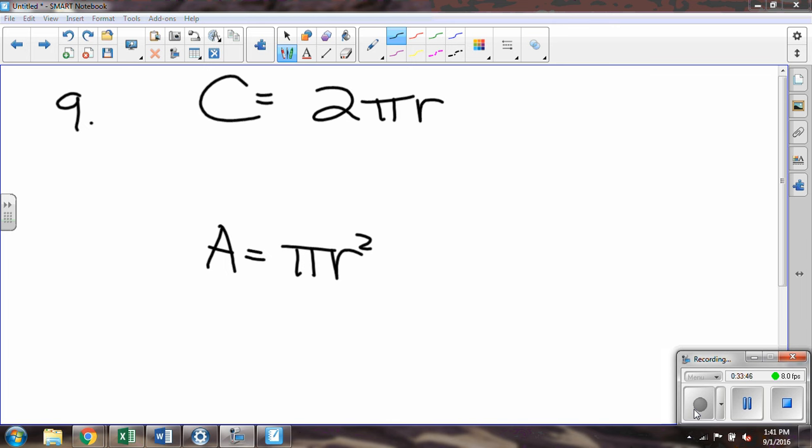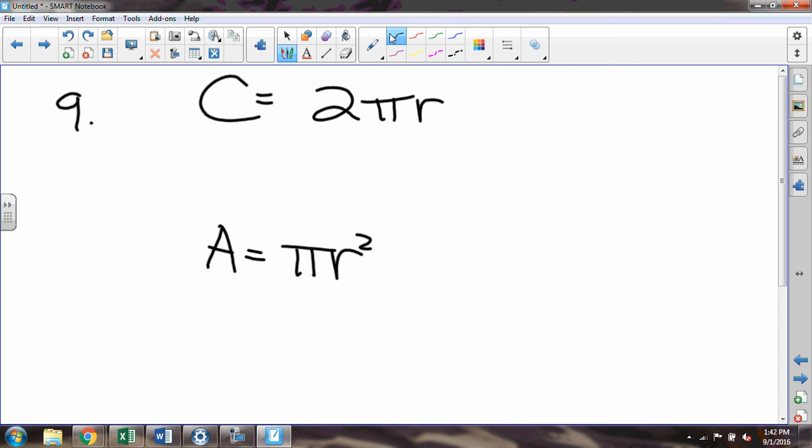I don't expect you to have every single formula for the entire world memorized, but these area formulas for basic shapes, rectangles, triangles, circles, these building block shapes that you get used all over the place, you do need to have those ones down cold. Make sure you know your perimeter and area formulas for rectangles, triangles, and circles.